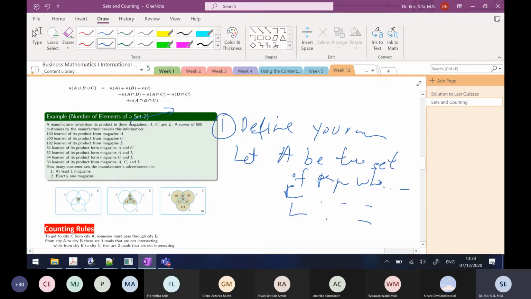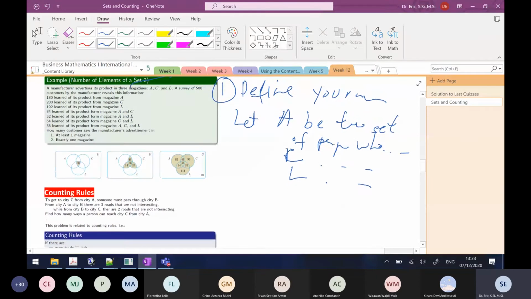You define your variables first, and then you have this one: 38 learned of its product from magazines A, C, and L. So this is the intersection, the number of A intersection C intersection L.